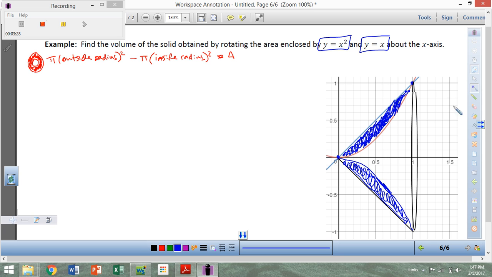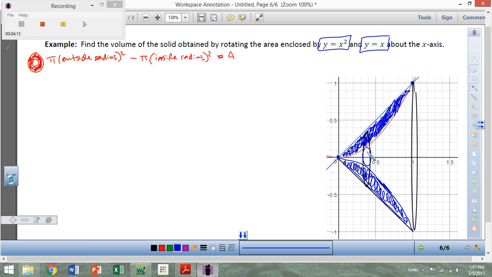And so why is that a washer instead of a disk? Well, if I were to slice this from 0 to 1, what would those slices look like? If I were to slice it right here, I would have a circle with some thickness out here, but then a hollow circle on the inside, where that second function is.